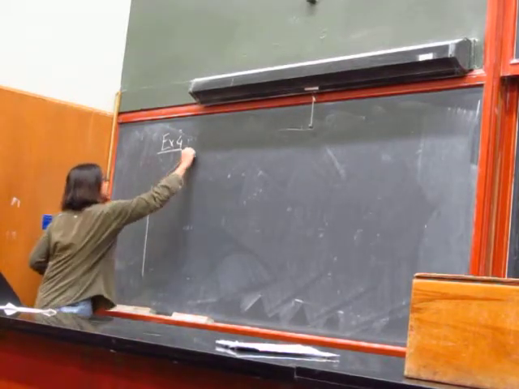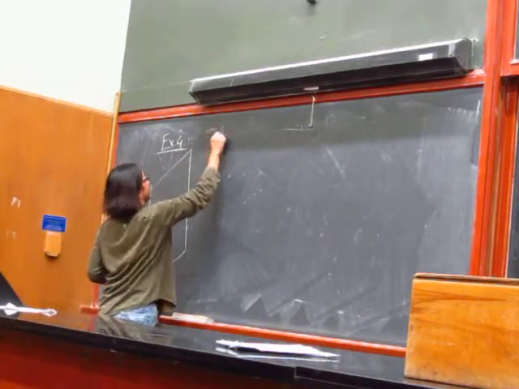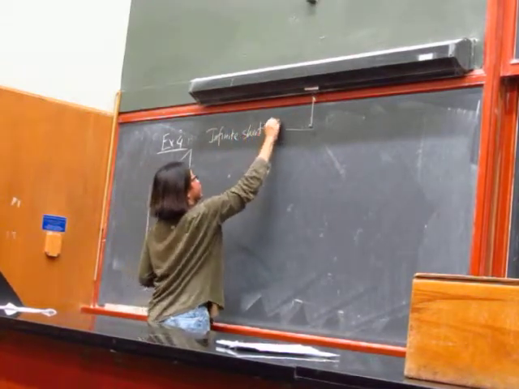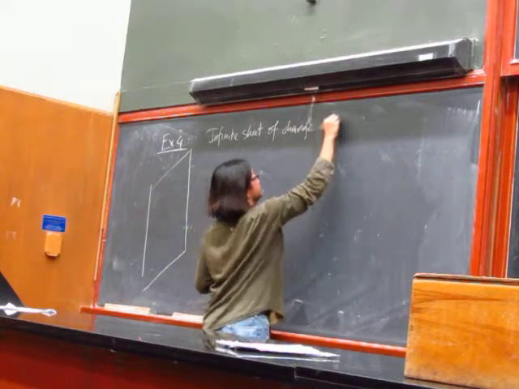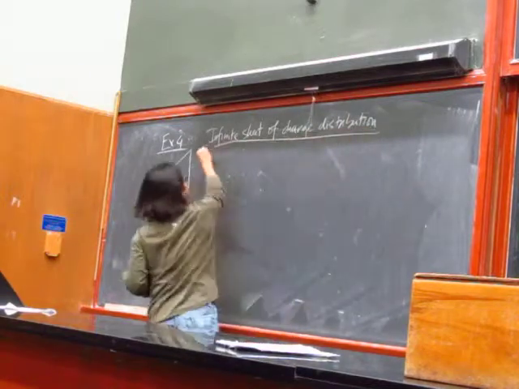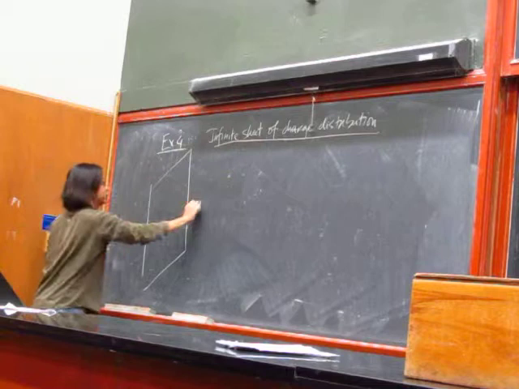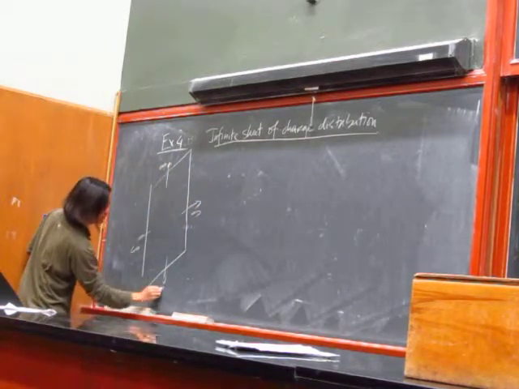If I have an infinite slab, an infinite sheet of charge distribution, so this looks like a sheet, I suppose. It goes all the way to infinity, right?